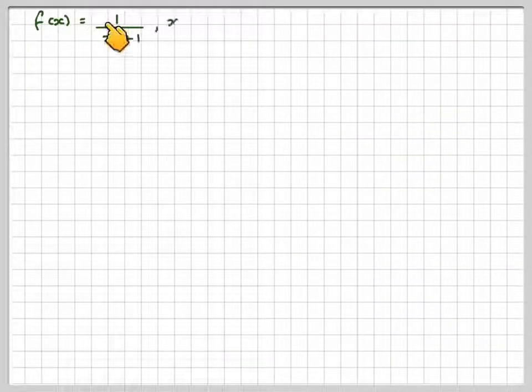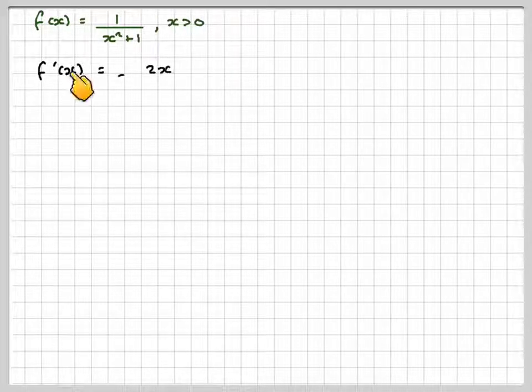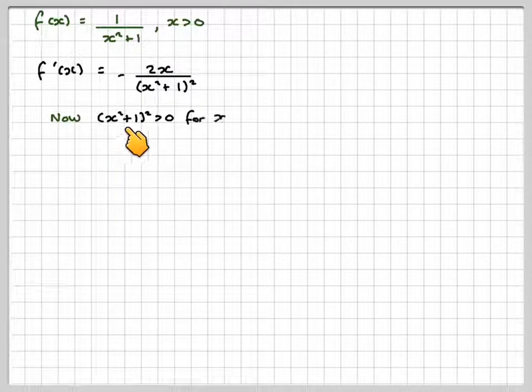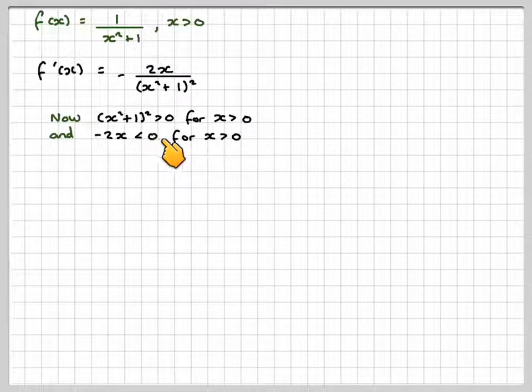So we had f of x equal to that for x greater than 0, and then f dash of x is going to be minus 2x over x squared plus 1 all squared. Now x squared plus 1 all squared will always be positive by the fact that you're squaring it, and that minus 2x will be negative for values of x greater than 0.